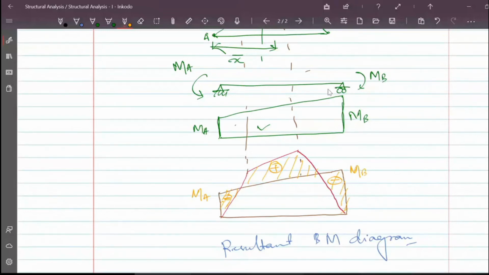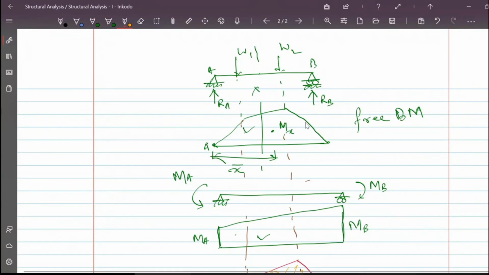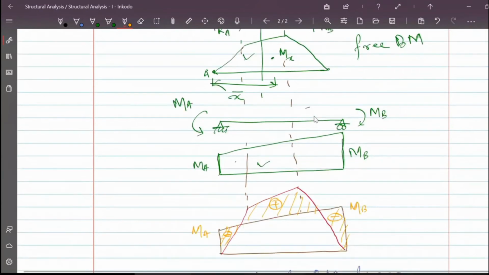Now how to find the final bending moment diagram? Here we had RA and RB, and here we have RFA and RFB.